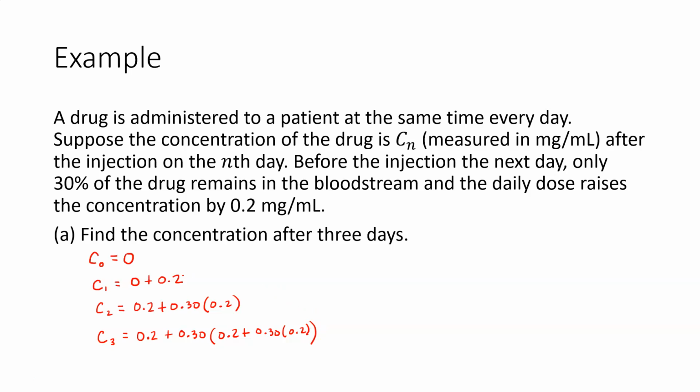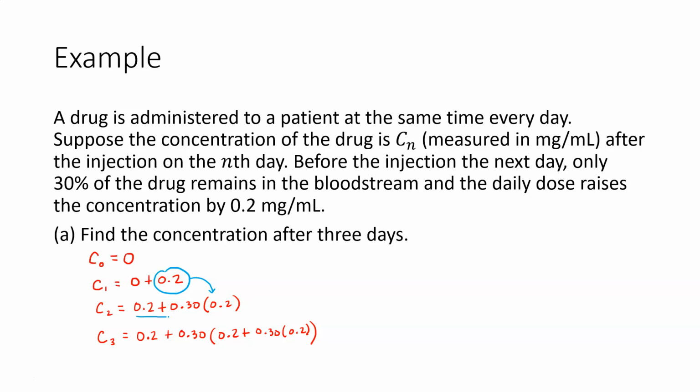So notice what I did here was I take the previous day's concentration, and here it was multiplied by 0.30 because it reduces by 30%, and then we add another dose of 0.2.